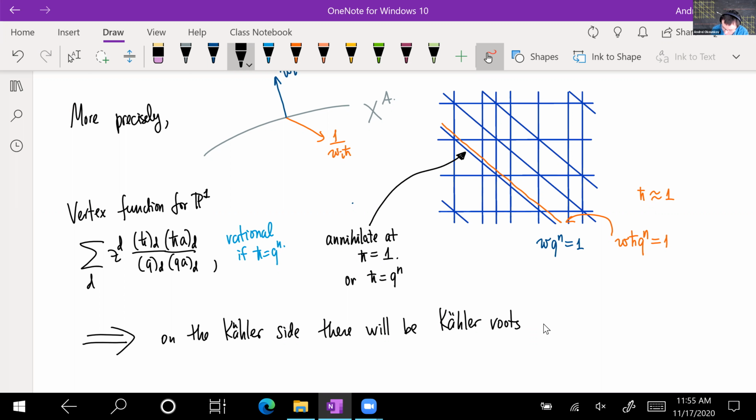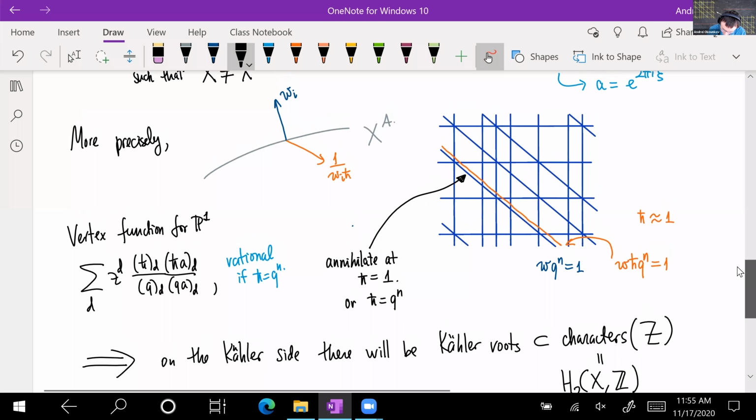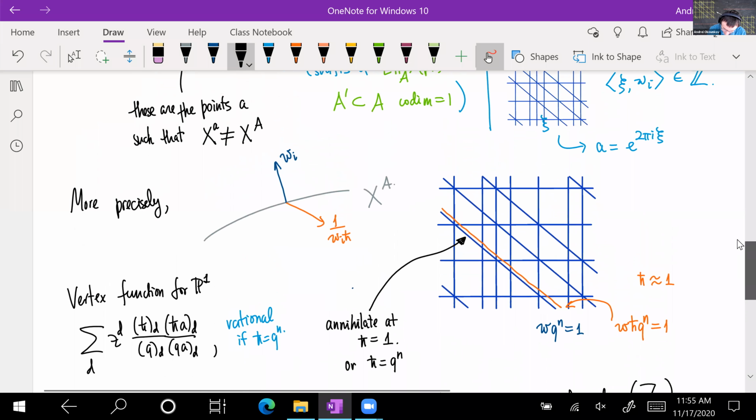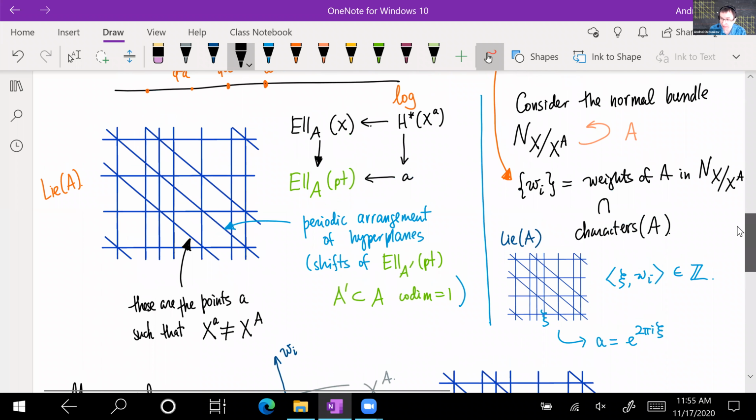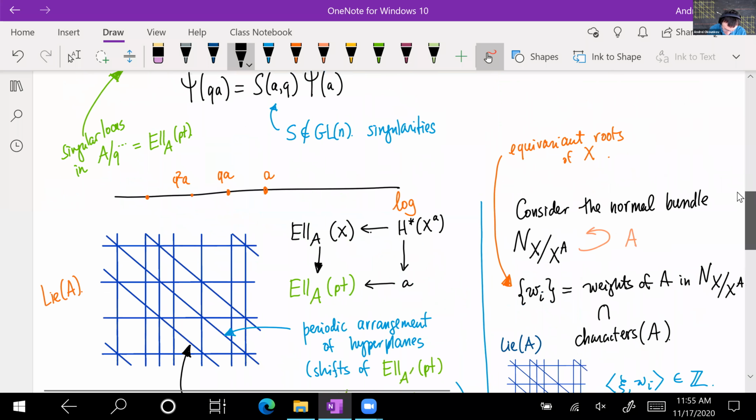So this will be a finite subset in characters of my Kähler torus, but these characters are nothing else but H2 of X. So these are curve classes, some finite collection of curve classes that will play a role similar to what we have here. And we'll get there after we discuss the covariant equations.